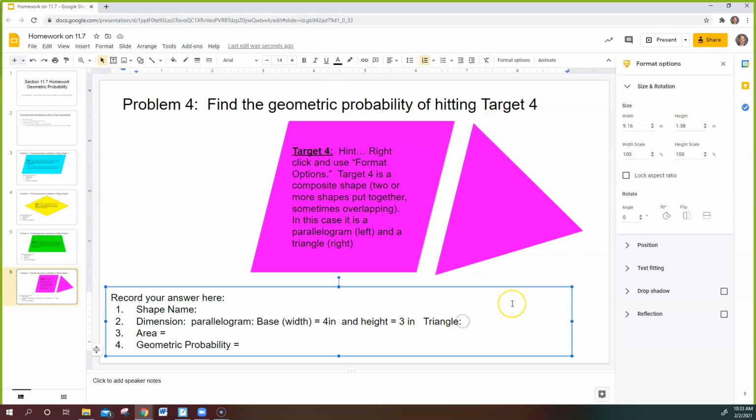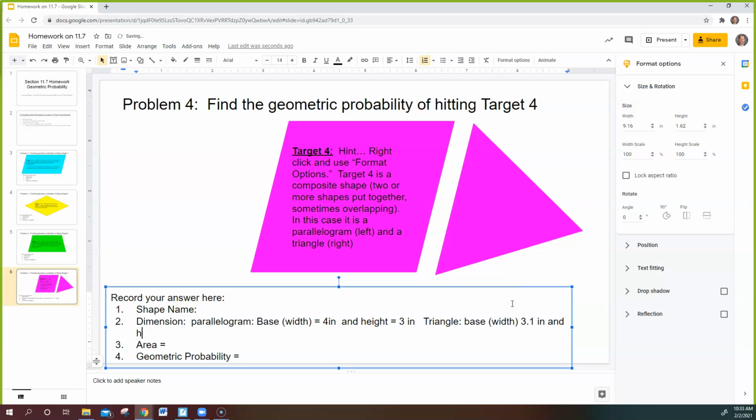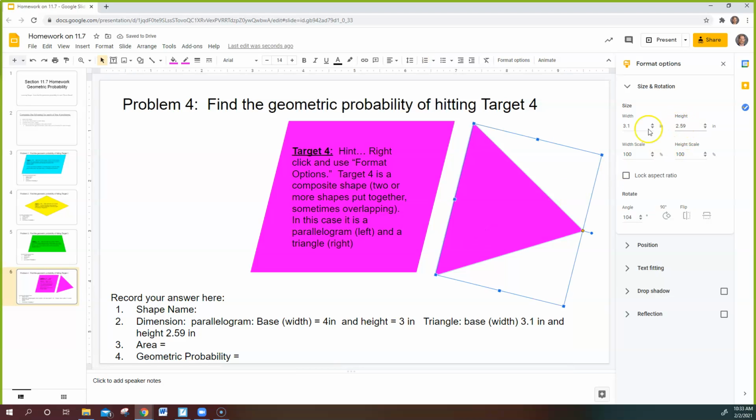You can call it a base, or some students like to keep that width. I think it was 3.1, and then the height, I forgot what I said, I think it was 2.59. But unfortunately, when I start typing, yeah, it's right here. You have to click on the shape to identify that. Does that help?